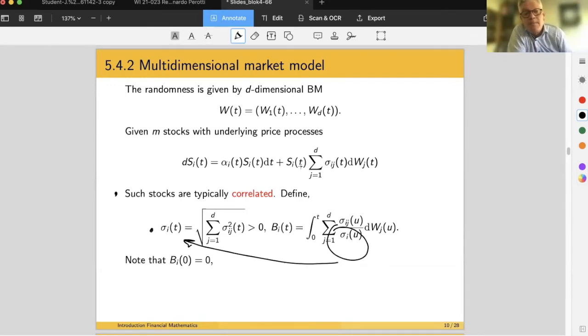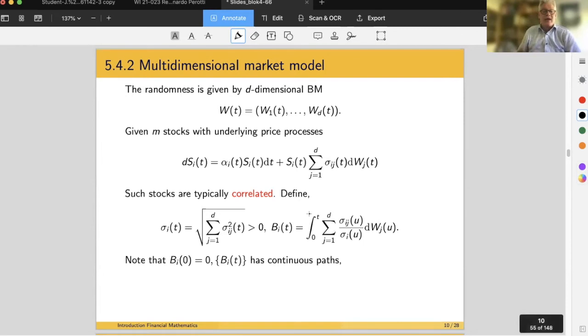So this normalized sum, the sum that we also encounter here, we give a different name, and that is B_i(t). And we will look in more detail into this B_i(t). So let's first note that B_i(0) is equal to 0. And again, i runs from 1 to M.